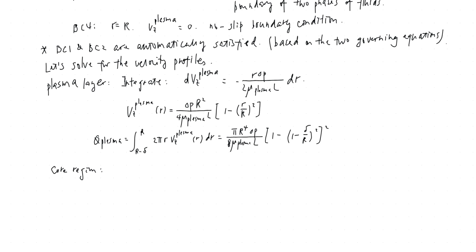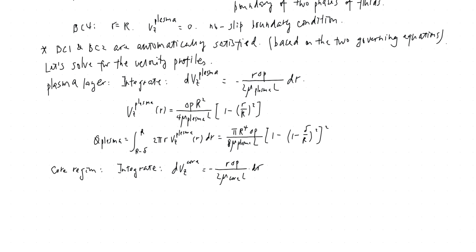So we are going to integrate dVz core equal to minus R delta P over 2 mu L dr.